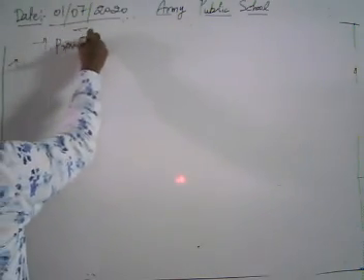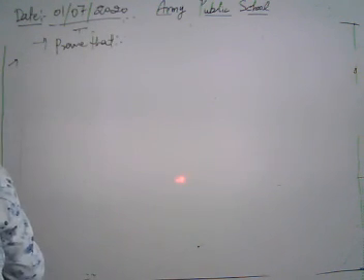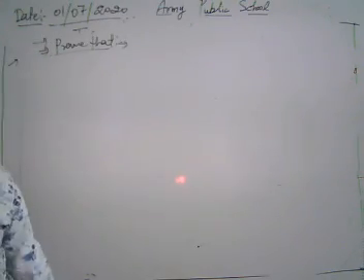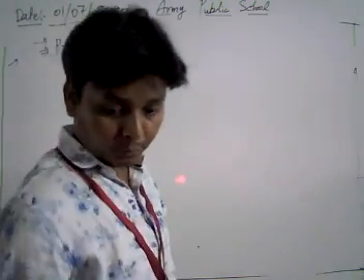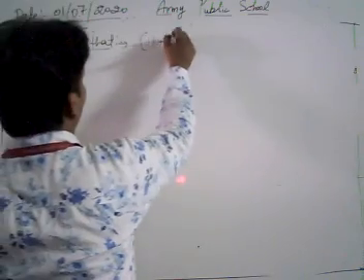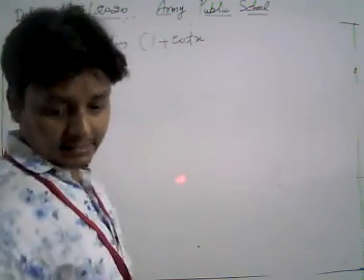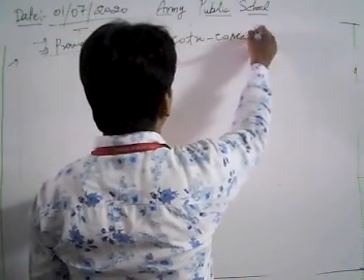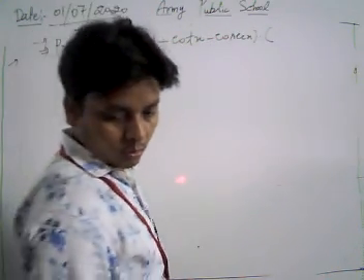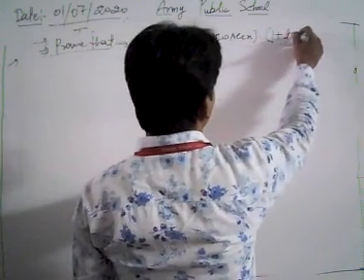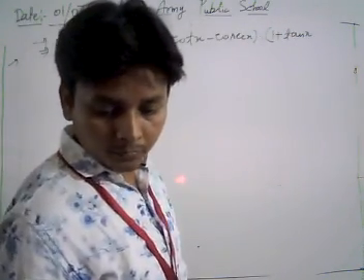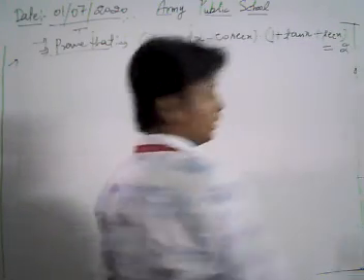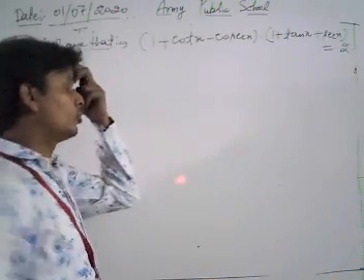Prove that (1 + cot x − cosec x)(1 + tan x + sec x) is equal to 2. Okay, now solve it.